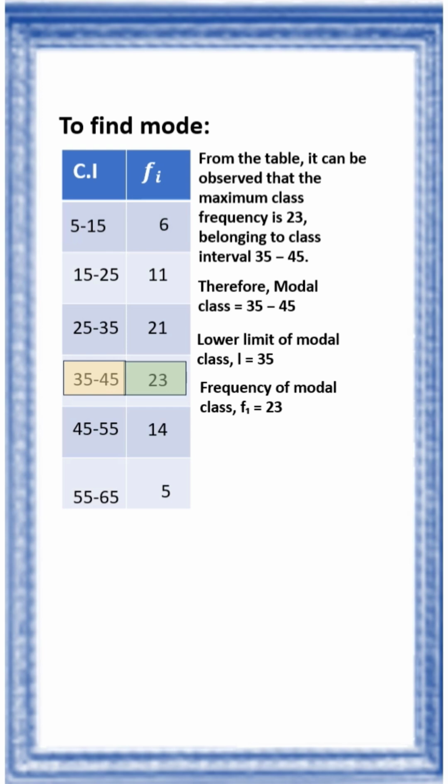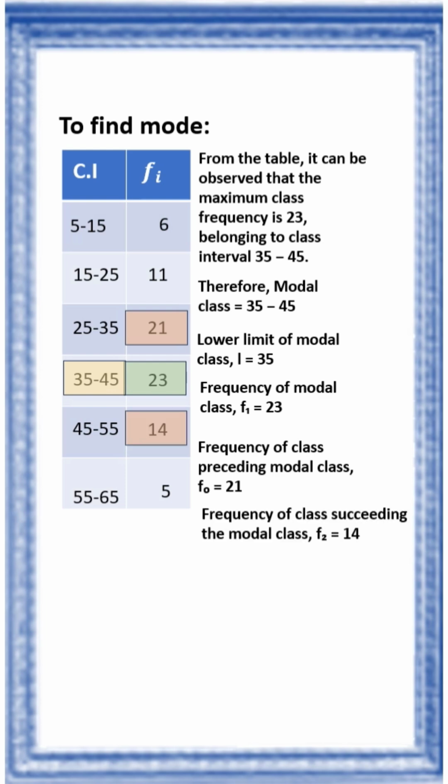Frequency of the modal class F1 is 23. Frequency of the class preceding the modal class F0 is 21. Frequency of the class succeeding the modal class F2 is 14. Class size h is equal to 10.